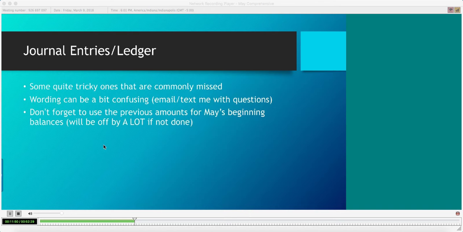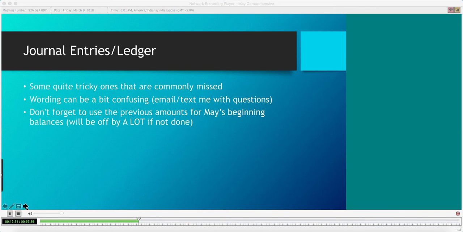And with this being due week 11, it gives you a week to redo it and complete the final exam and any missing or late assignments or redos that you want to get done. So it doesn't give you much time. So if you want to get started on May's quickly, take the picture, enter in the balances as soon as possible. That way you won't forget to do it later.